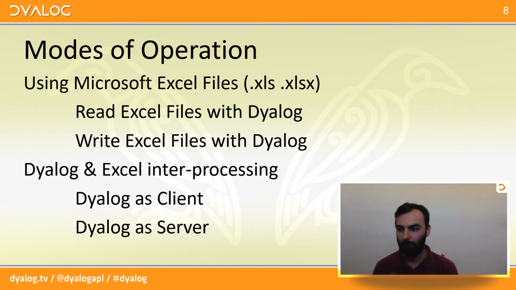And even though I tried to boil it down to 4 things, it still ended up being quite a lot of content. So for the best part of this hour, you're going to watch me demonstrate interacting with Microsoft Excel and Excel files using Dyalog APL. For the most part, you can watch me demonstrate these things.